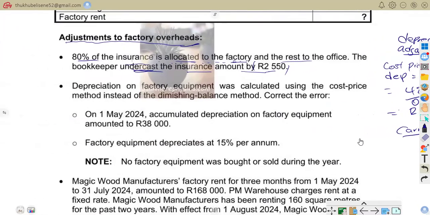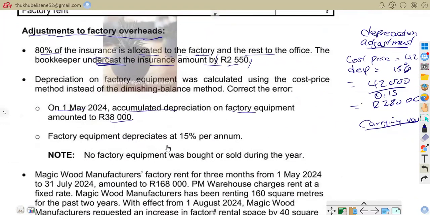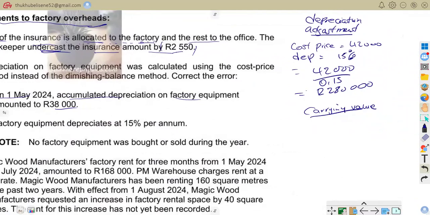The accumulated depreciation on factory equipment amounted to 38,000. So 38,000 is our accumulated depreciation.